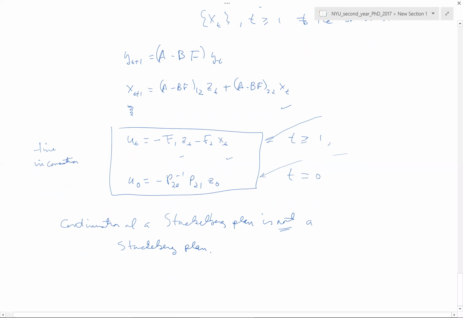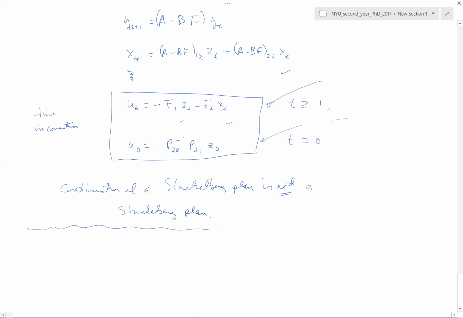So just to summarize, for the Stackelberg plan, we have the following timing protocol. This is all about timing protocols.